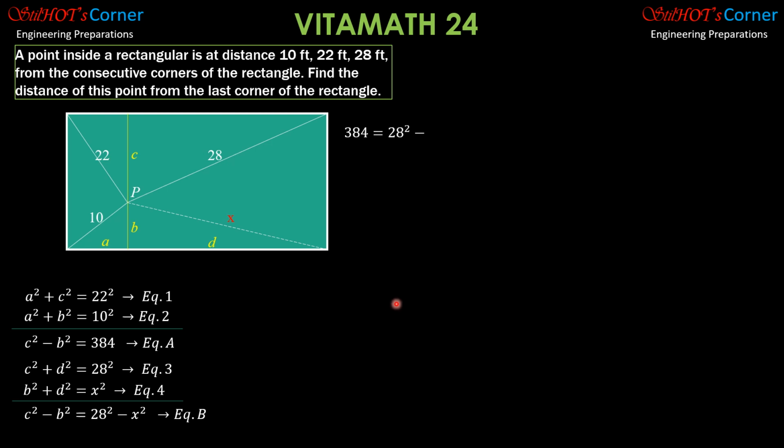So 384 equals 28 square minus x square. That means x square equals 28 square minus 384, and 28 square minus 384 is equal to 400. Therefore, by extracting square root, x is square root of 400, which is 20 feet. Therefore, x is 20 feet.